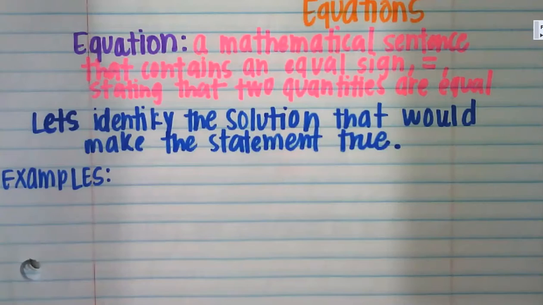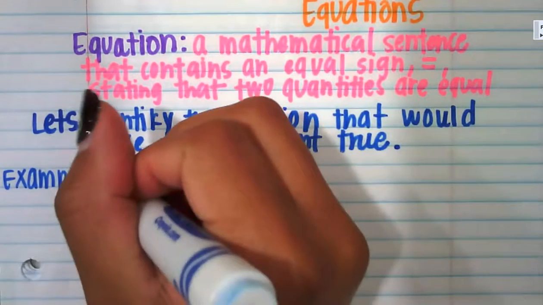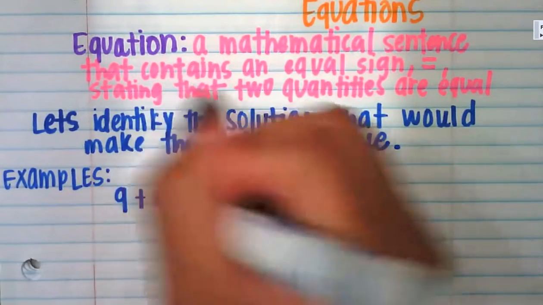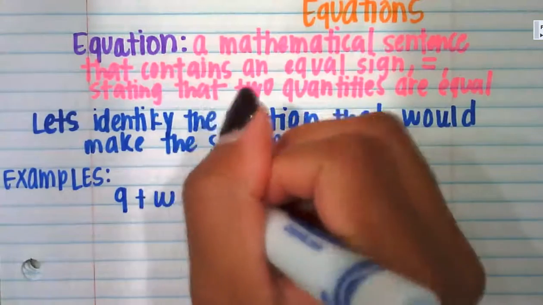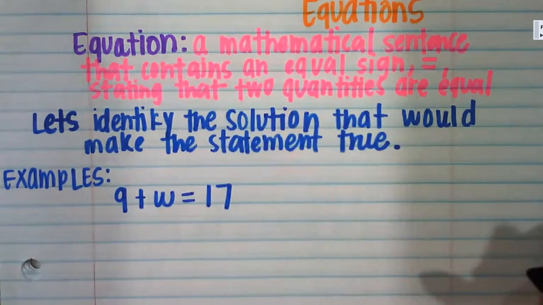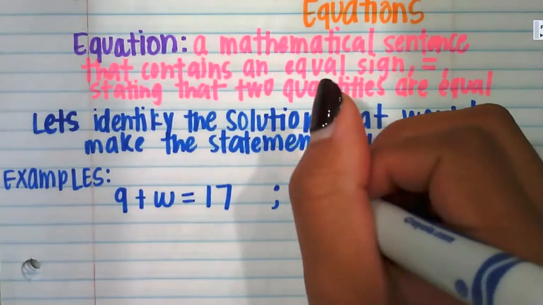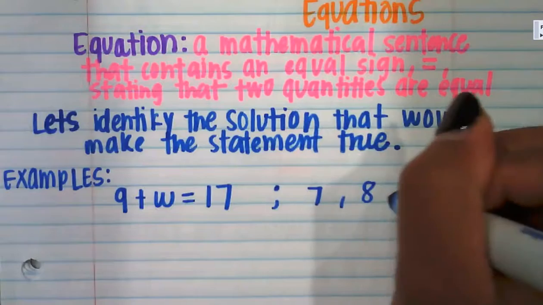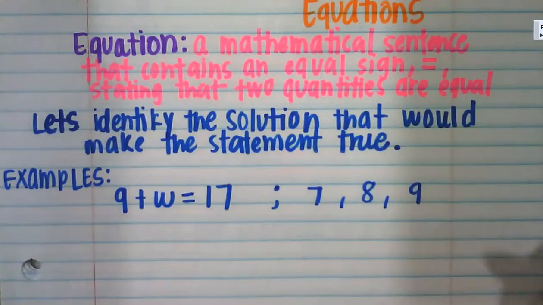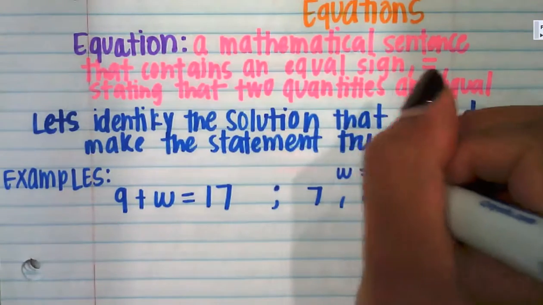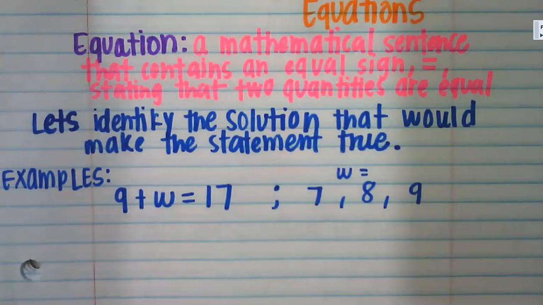So the first one, let's say we have 9 plus w is equal to 17. And our solution choices are 7, 8, and 9, meaning w is equal to 7, 8, or 9.